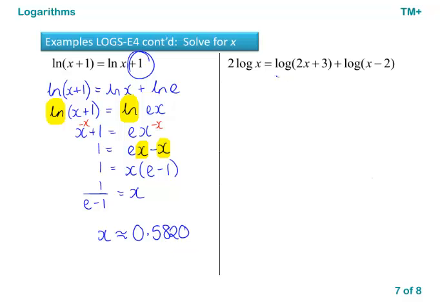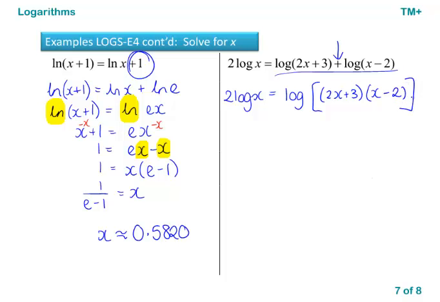Okay, in the next question we have 2 logs over here, so I need to make that 1 log. We have a plus in the middle, so it's going to be log of 2x plus 3 x minus 2. Okay, another thing to make this easier, I can take that 2 from here and put it as a power. Okay, so now you can see I have this log here and log there, so they match.